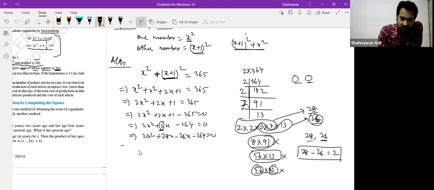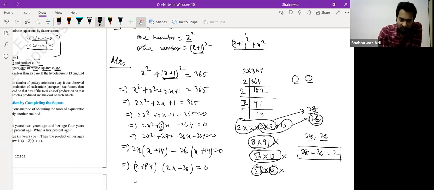So 2x we can take common, so this would be x plus 14, and from here we take 2, so this would be x minus 13. So x plus 14 and x minus 13. So x is minus 14, and x minus 13 is 0, so x is 13.